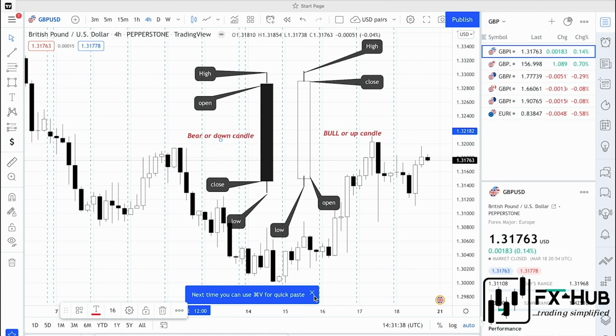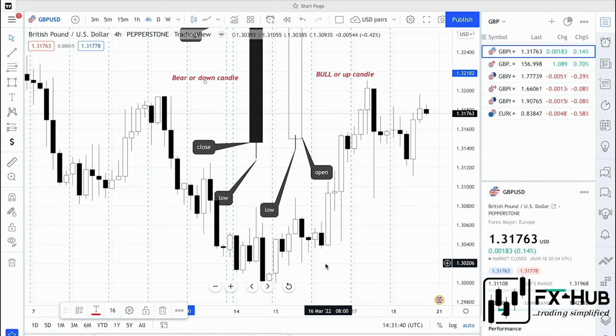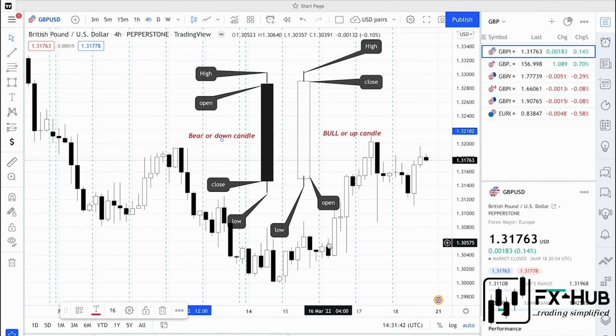Okay, when you look at my chart now, you'll see something. I basically have two candles here. One is white, one is black. Actually, you are the person that will primarily choose the color of the candle you want.